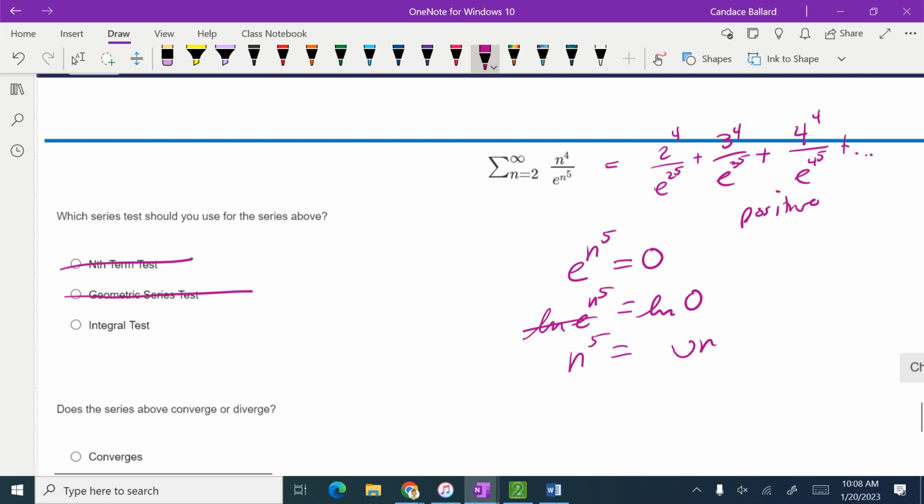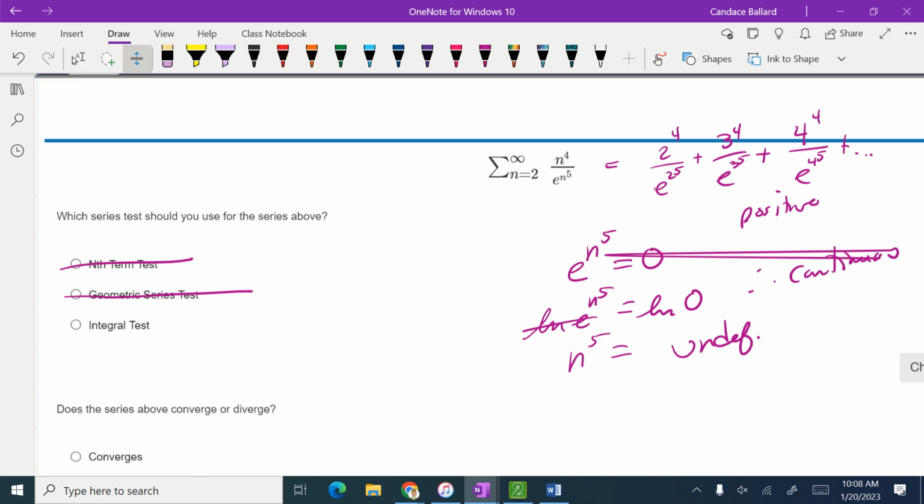It's undefined. So I think we're pretty safe. There isn't an interval where it's not a continuous function. So therefore continuous. If it comes out goofy like that, typically you're fine.